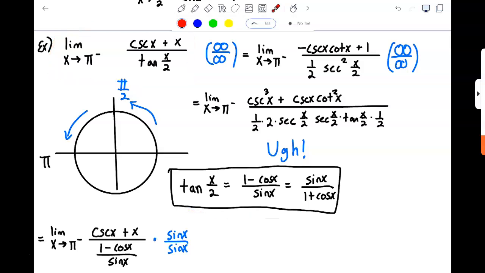I just wanted to show this to you as an example. You could come across something similar in the homework where you needed to make use of something like that. But just to show you that L'Hopital's rule isn't the bee's knees. It works a lot of times, but sometimes a softer, different approach needs to be taken.